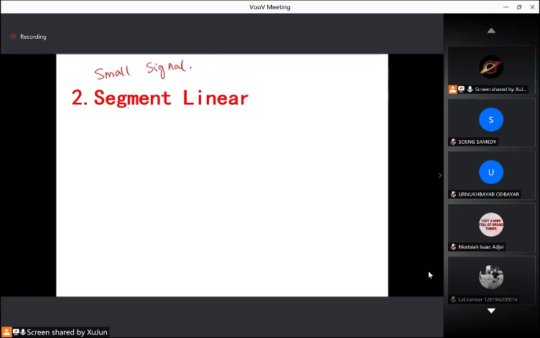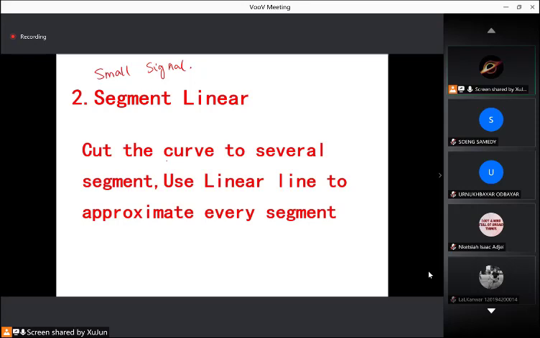Now we introduce the segment linear method. We cut the nonlinear curve into several linear segments. Use a linear line to approximate every segment.